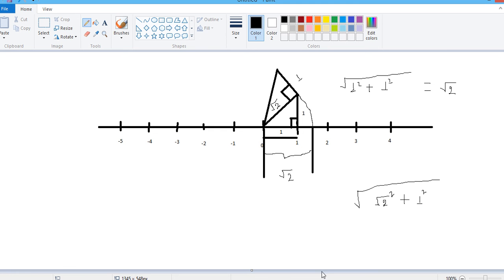So what will be the value of it? Root 2 square is 2 and 1 square is 1. That means 2 plus 1 equals root 3. So thus this value is root 3.